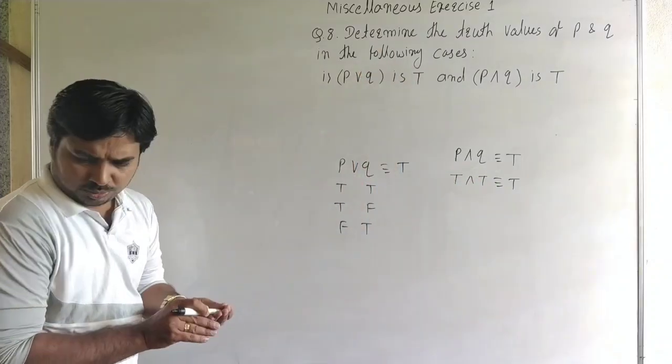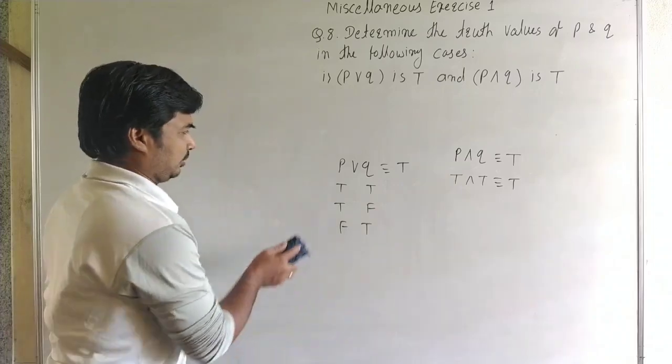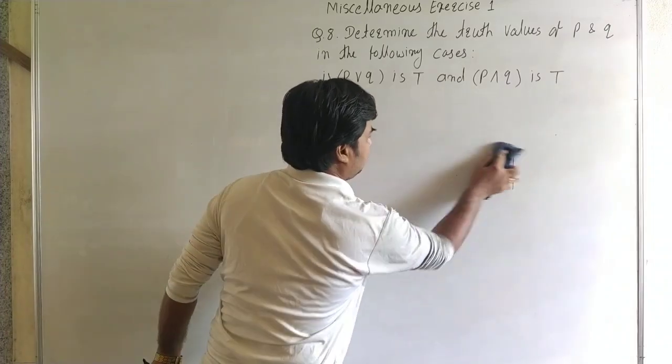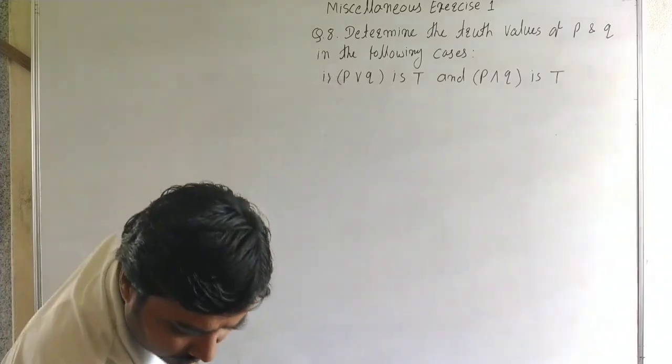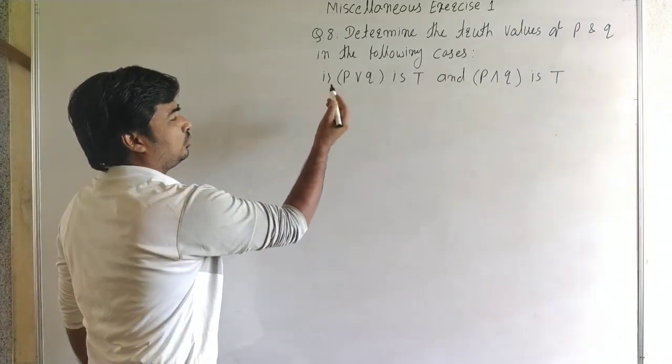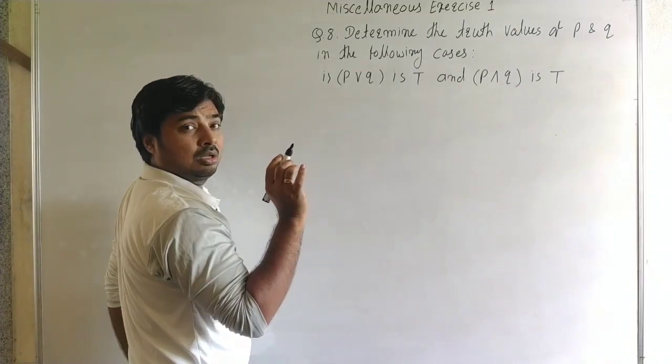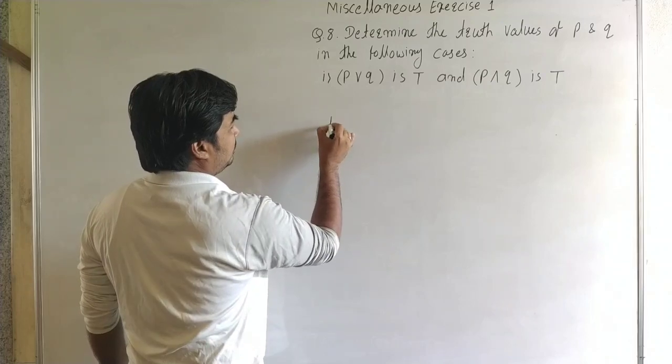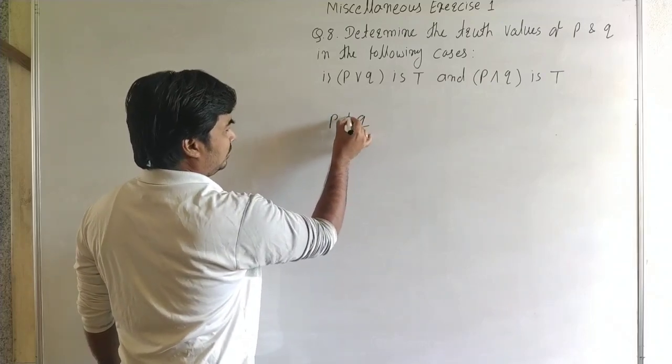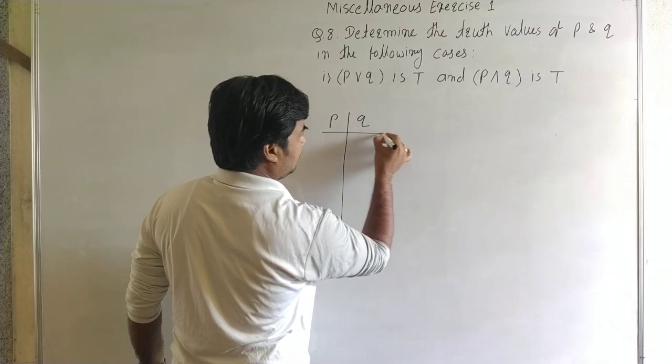And here is the other method, by using the truth table. See carefully. We know that here there are two statements, therefore there are four possible combinations of truth values. Here P, Q are the two statements.